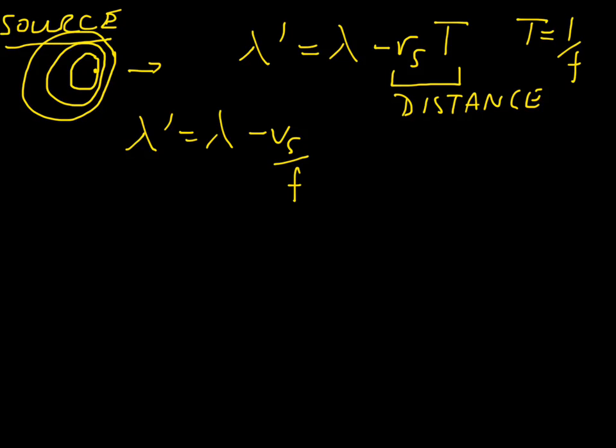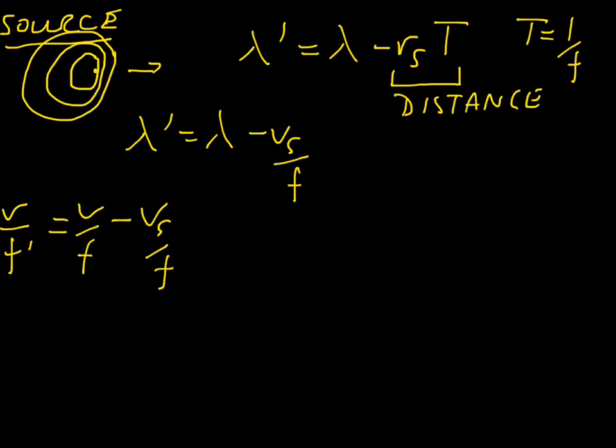So now we recall that lambda prime and lambda can be related to frequency, so we find that we have v over f prime, so that's lambda prime, is equal to v over f minus vs over f.